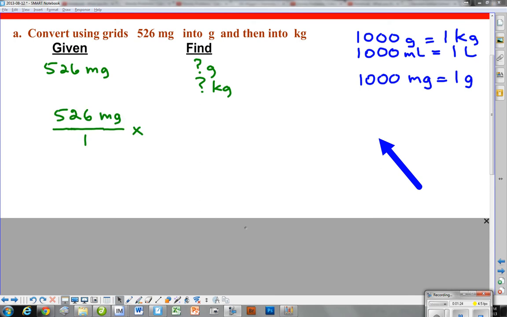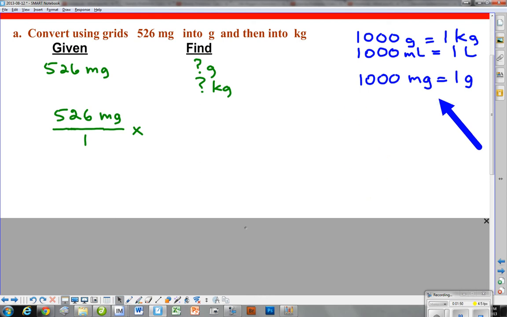So my first part of the problem is to figure out which one of the equalities over here is going to help me get to where I want to go. So I'm starting in milligrams. Okay, that was the given, right there. So next I have to figure out, do I have equalities that I can use that will get me from milligrams into grams?